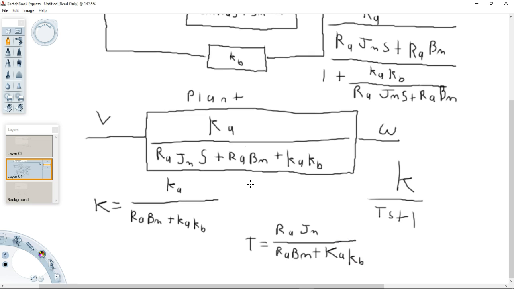If you look on the top, you'll see that the Ka, Ra, Bm, and Kb are all given. You'd end up getting 34.59 for your gain, and for the time constant, it would be 0.023 seconds.